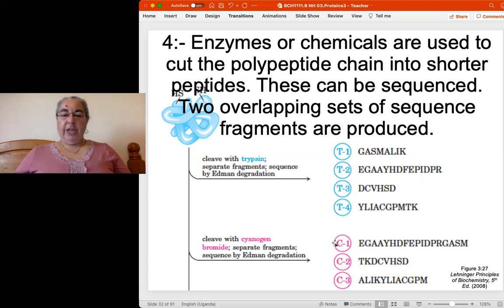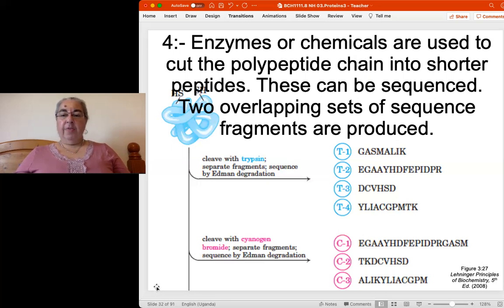Here we have cut the chain with a slightly different method using cyanogen bromide. This is a chemical reaction rather than an enzyme. And cyanogen bromide separates it into 3 different fragments, okay? A longer one and 2 shorter ones called C1, C2, and C3.